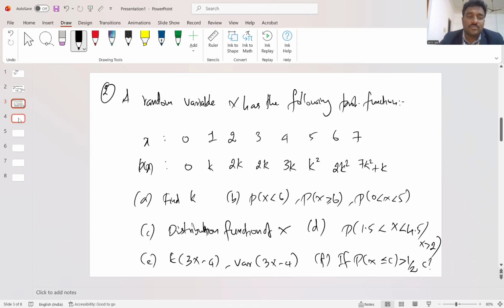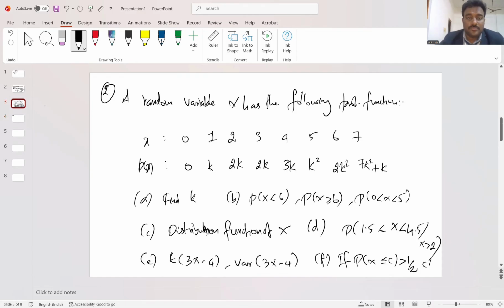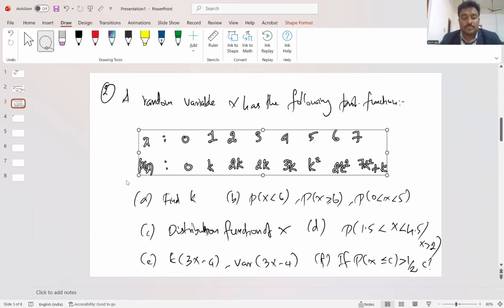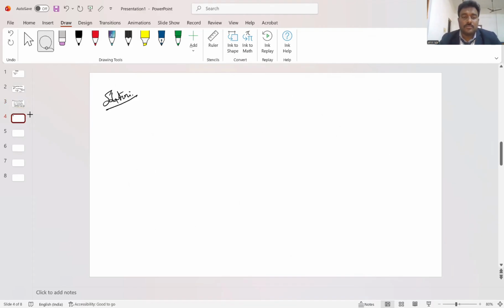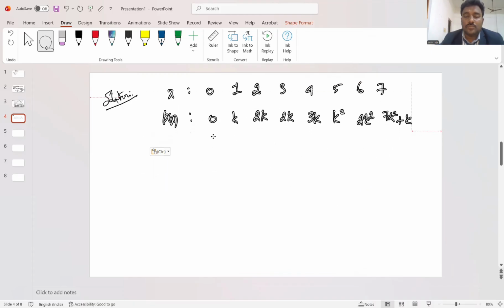So now if you see this, we are given the problem here. So this is the table we are given, right?